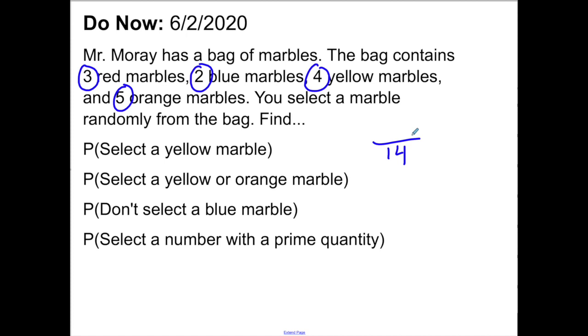So we're no more likely to choose a red marble than to choose a blue marble, a yellow marble, or an orange. And for that matter, we can't distinguish between the 3 red marbles, right? We have an equal shot at picking the first as we do the second or the third. So of the 14 marbles that we could choose from, 4 of them are yellow, and then we do need to make sure that we simplify this to 2/7.